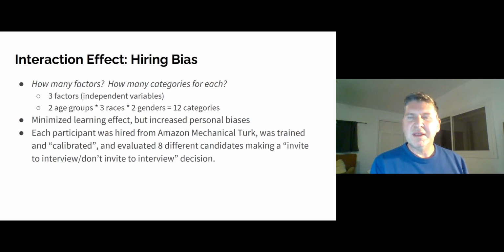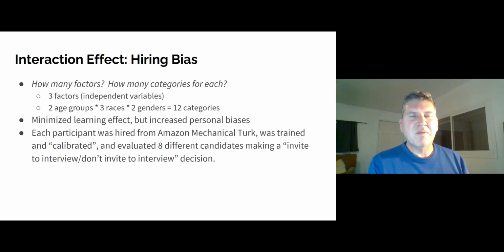So we would ask them to make some decisions on some training samples and then give some feedback in terms of what experts would do. So this calibrated their answers and allowed them to see how others would be expected to evaluate these same resumes. These people were hired from Mechanical Turk.